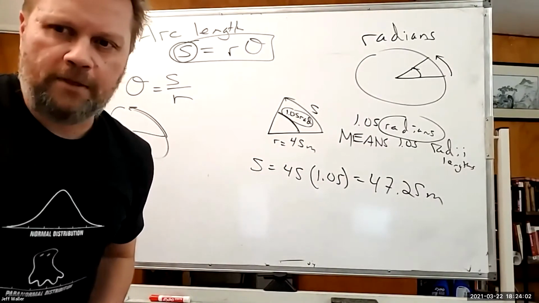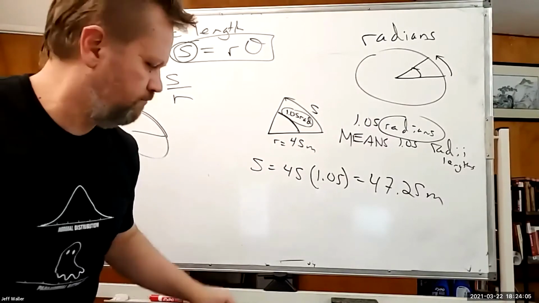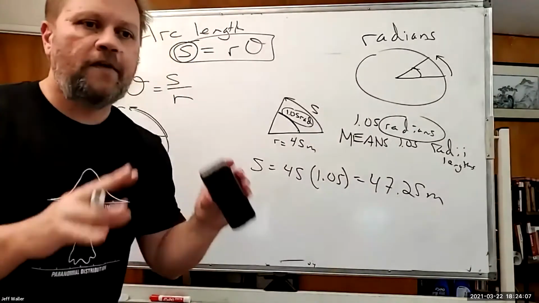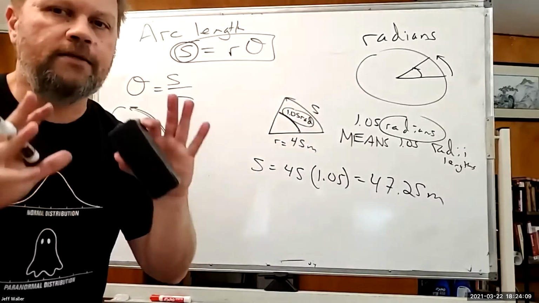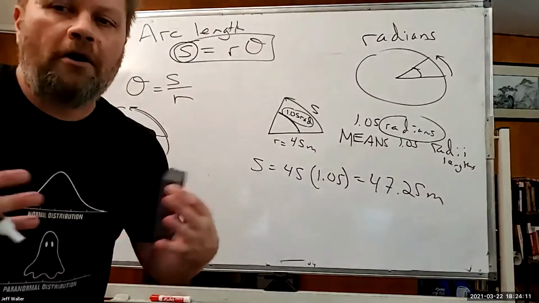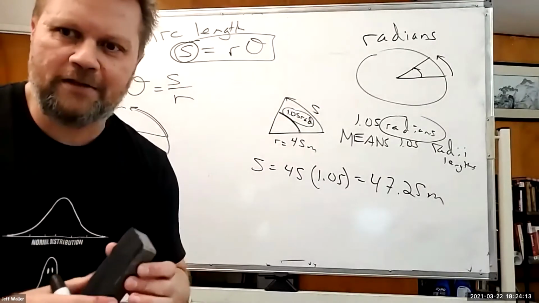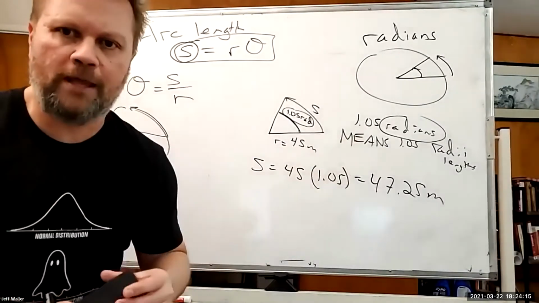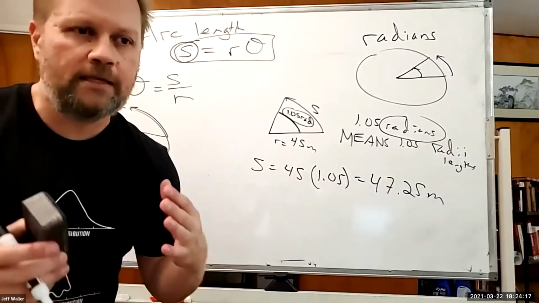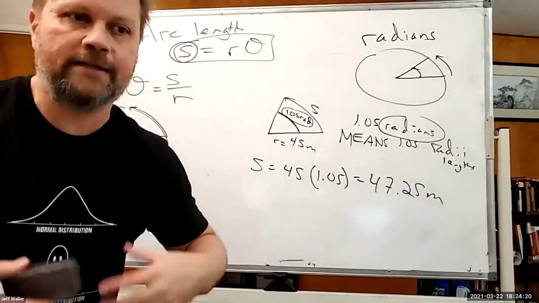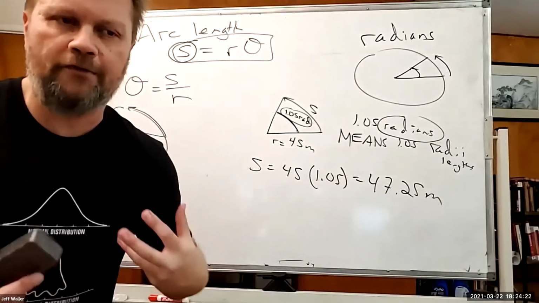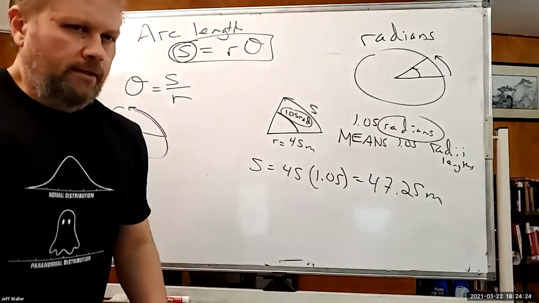So that's a very weird thing, that the radians units aren't really there. It's really freaky. They sort of get out of the way when I bring in other units, because it's actually a number of radii. It's not really a unit itself in the truest sense.